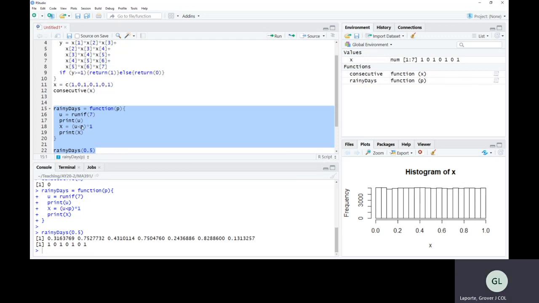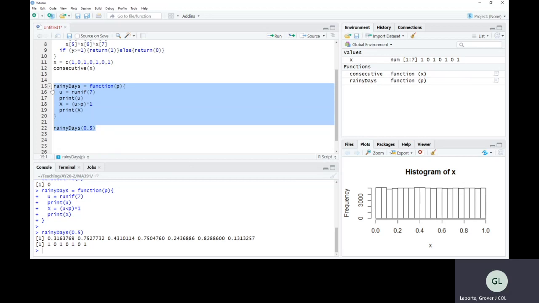So maybe we make this one, so how about greater than: if U is greater than P, I want that to be a success. Yes, that's what I want. I believe that's how we talked about it earlier. So 0.87, 0.93, 0.77, 0.544.